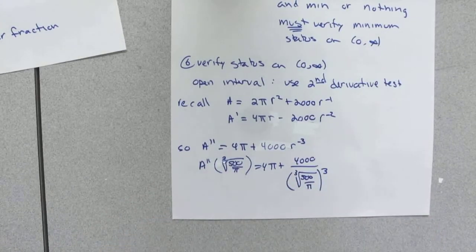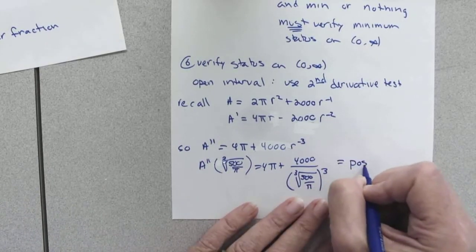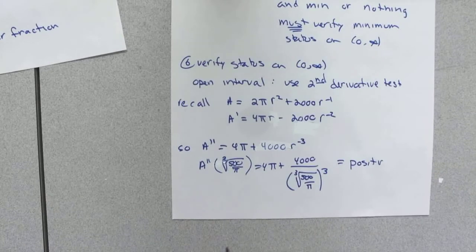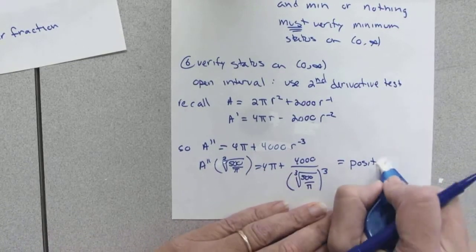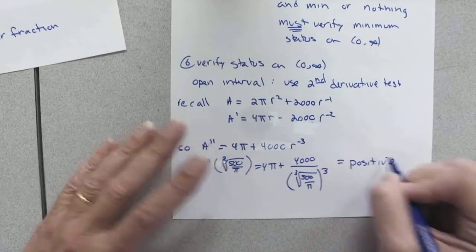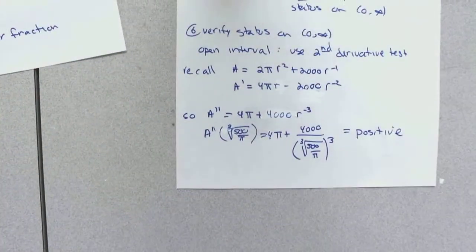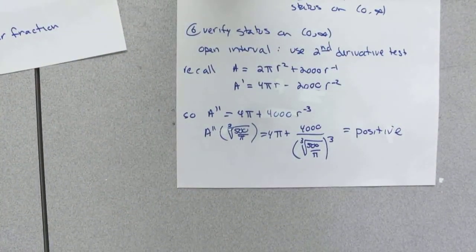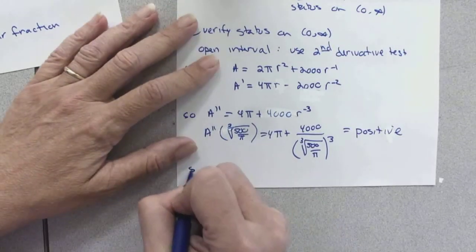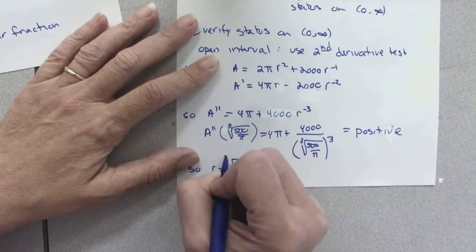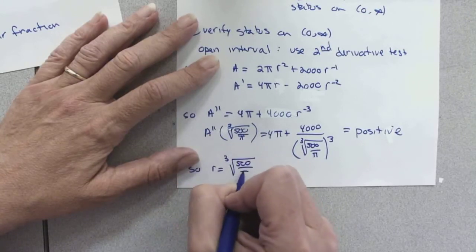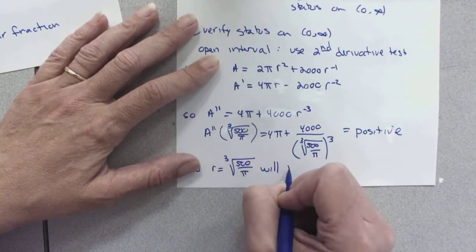And I just drop that negative exponent down there. Now, you could do stuff with this, but notice everything there is positive. This equals a positive value. That's all I care about in the second derivative test, whether it's positive or negative. And remember, if you're just thinking about positive, negative, and whatnot, the second derivative test seems to work backwards. And so that tells me that r equal the cube root of 500 over pi will minimize.